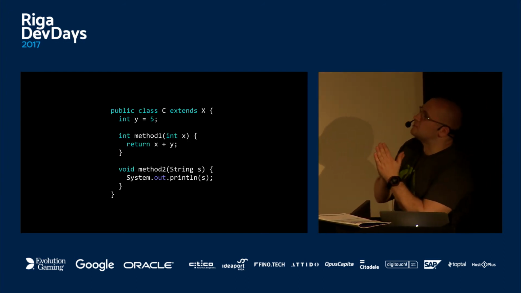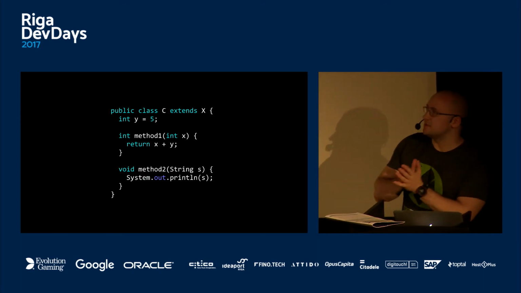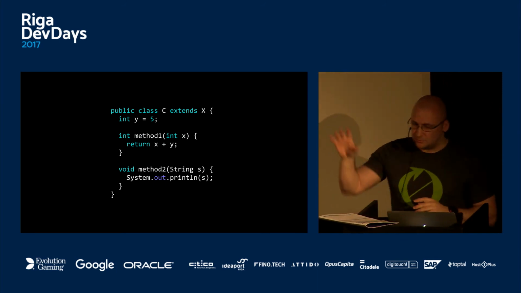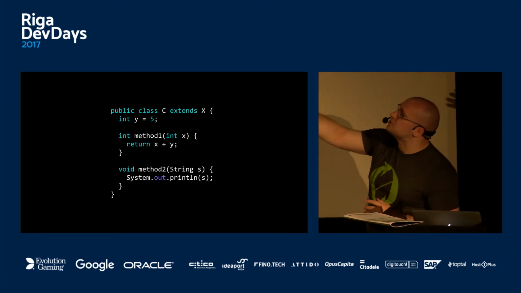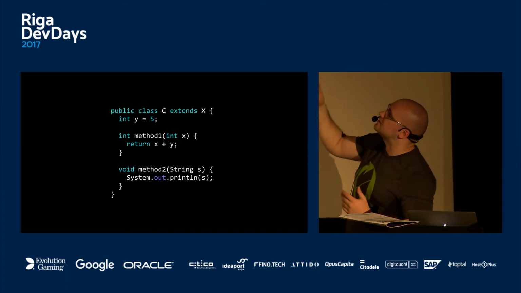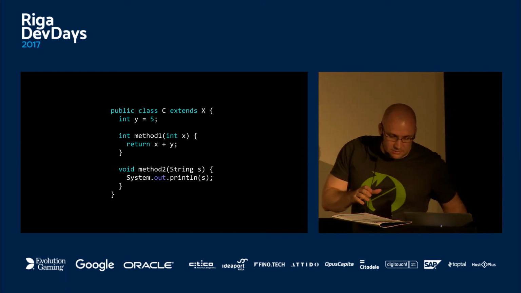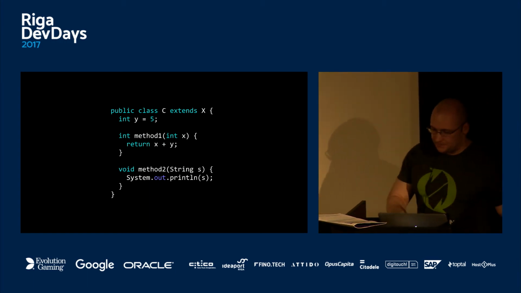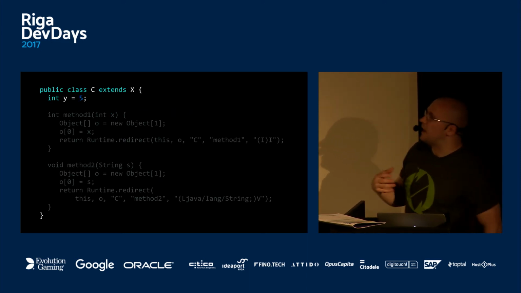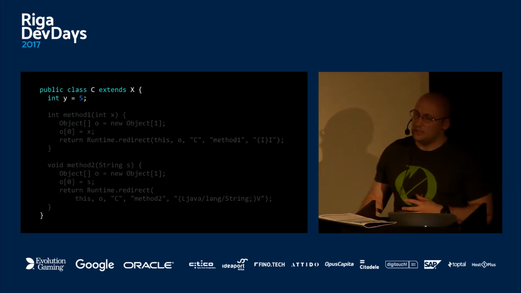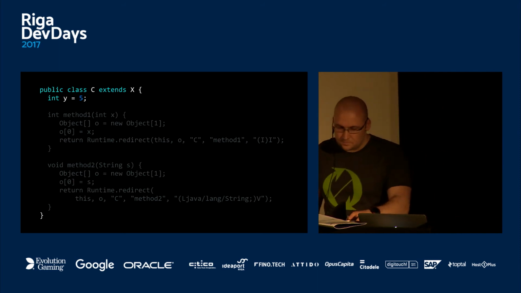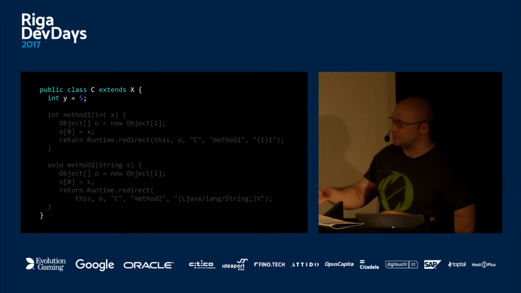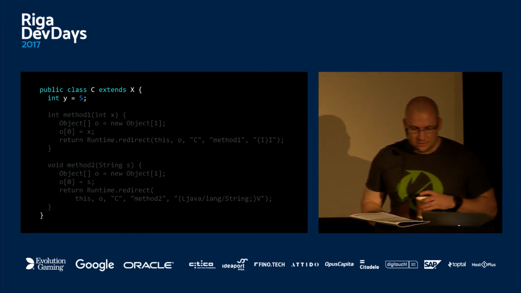Let me give you an example. I'll try to explain in a very simplistic manner how it's described in the paper. In the beginning, let's say we have an original class C extends X, with a field and two methods, and one of the methods is using this field. After the transformation, the field is preserved in the original version of the class, but the methods are rewritten in order to delegate to the versioned class.